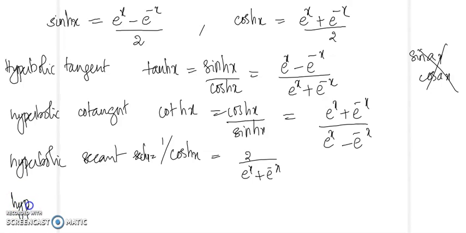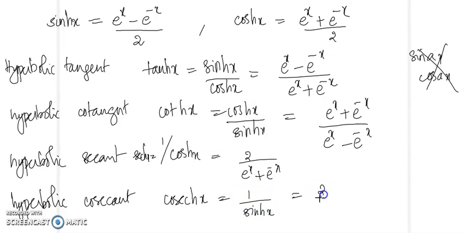Similarly, you have hyperbolic cosecant, that is cosech x, which is 1 by sinh x. So that is 2 by (e raised to x minus e raised to minus x). So these are the hyperbolic functions. They are all combinations of your exponential functions.